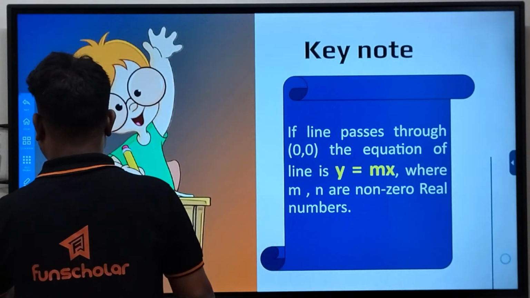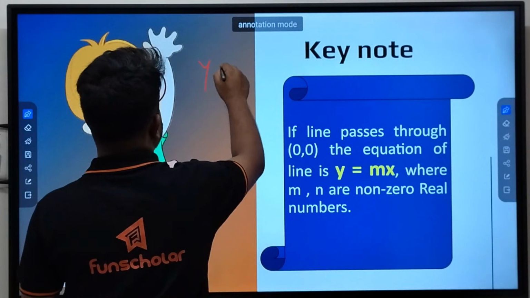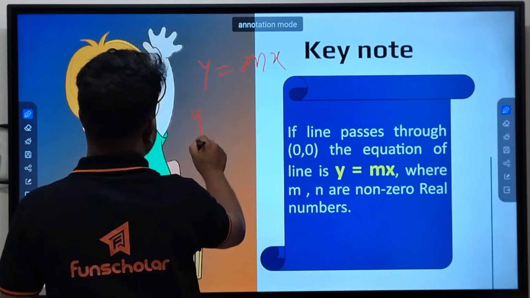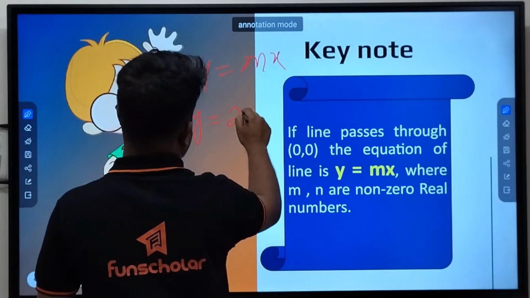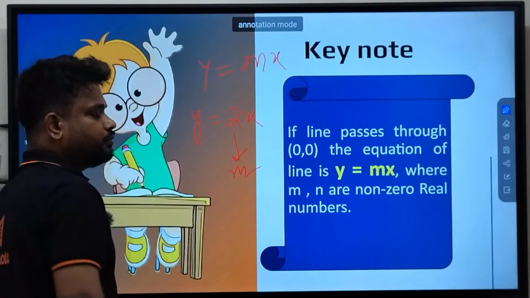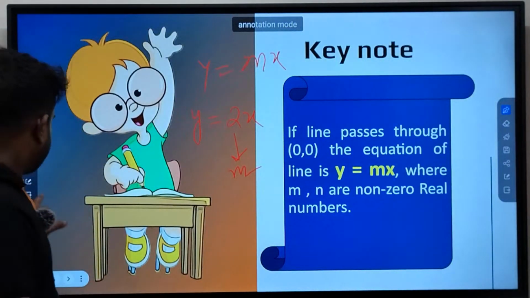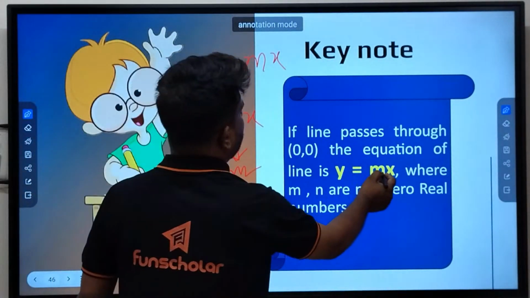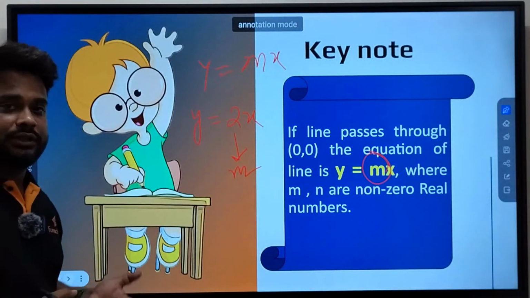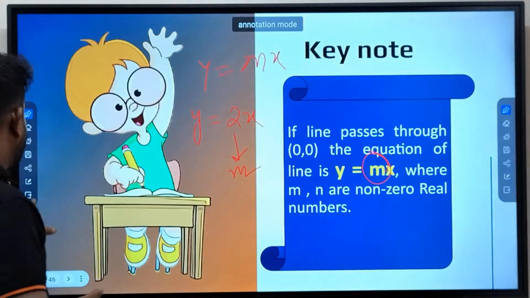And talking about y equals mx, if the equation looks like y equals 2x, the value of m will be 2. And you will learn in the future that m is called the tangent.